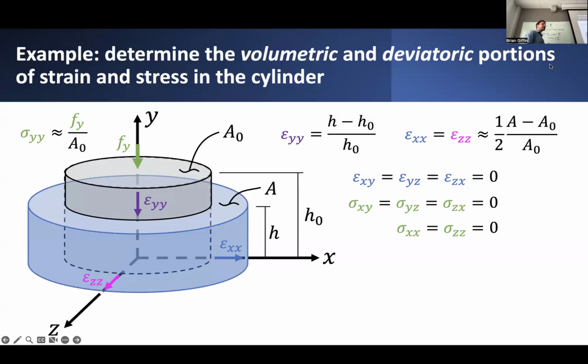For the deviatoric strain, maybe this was something that was glossed over in last lecture, but if we wanted to know what's the deviatoric strain, really we just have to take the original strain tensor, something that maybe looks kind of like this. Take the original strain tensor, the full array of values, and then subtract off 1/3 times the volumetric strain times the identity tensor.